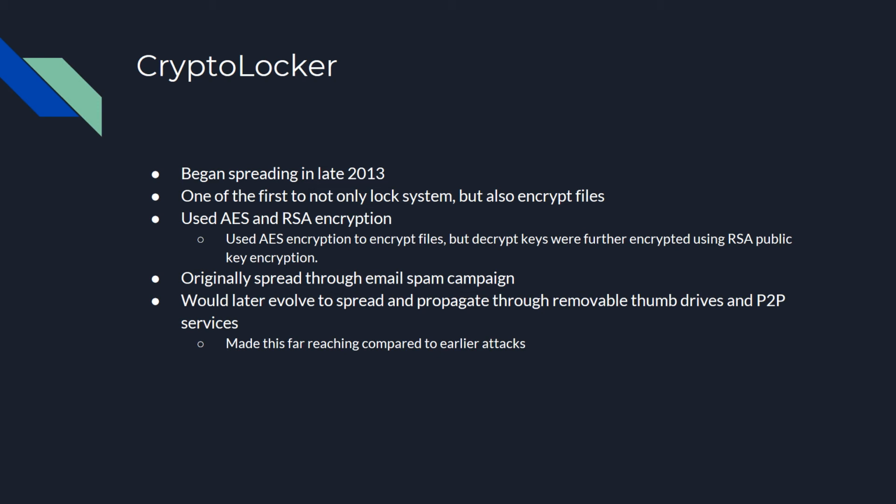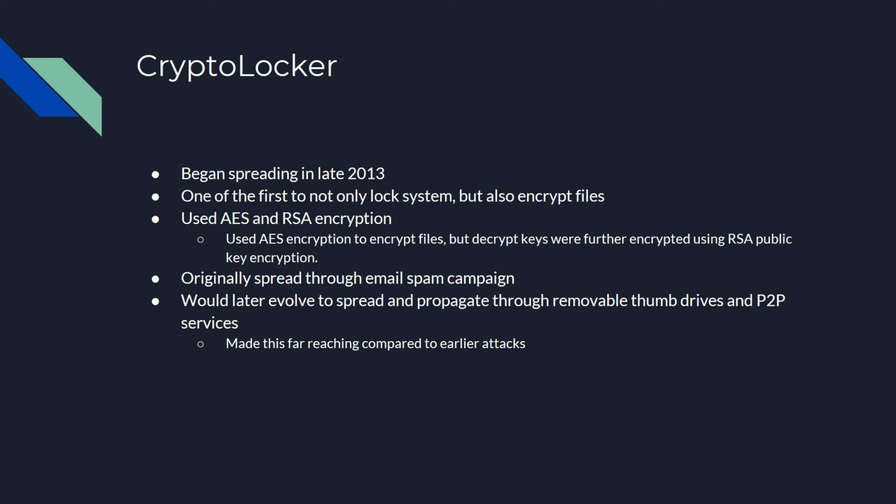But then it actually uses RSA encryption to encrypt the decipher key for the AES encryption, meaning that RSA public key encryption was used to encrypt the key to decrypt the AES encryption, interestingly enough. So it actually had a whole other layer of encryption being used in addition to what it initially said that it does on the ransom note screen.